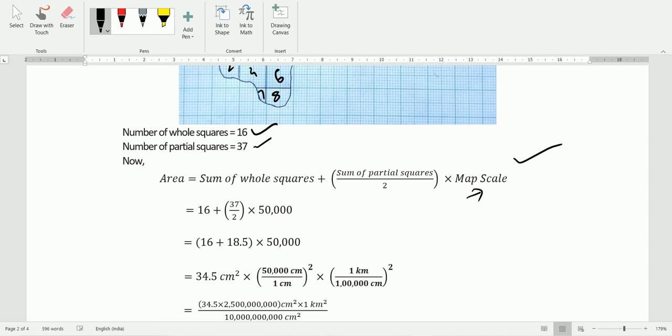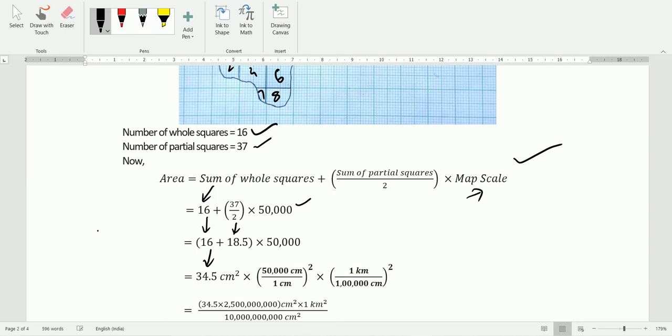So here the number of whole squares is 16, the number of parcel squares is 37, 37 divided by 2, multiplied by 50,000, the scale factor. 37 divided by 2 is 18.5. First we have to add the whole squares with the parcel squares; here we may not apply the usual mathematical rules. That is 16 plus 18.5 is equal to 34.5.